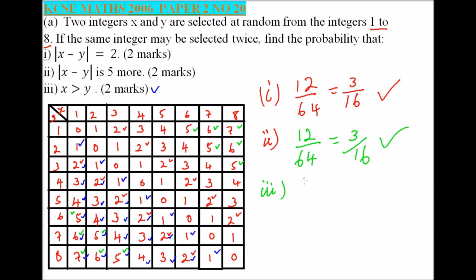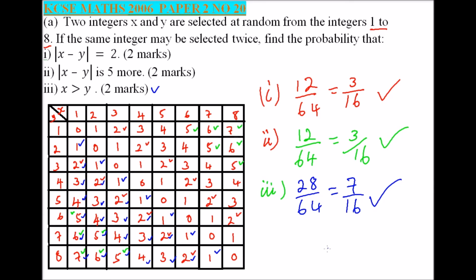So these are 28 out of 64, which when you simplify, you divide by 4, you get 7 over 16. So these are the answers for the first part of that question.